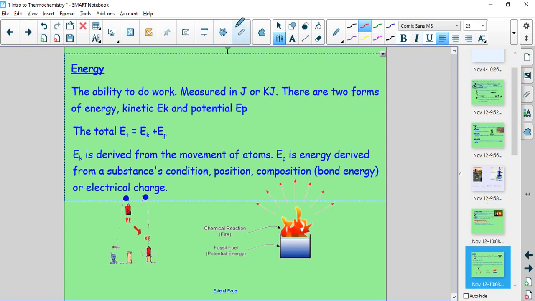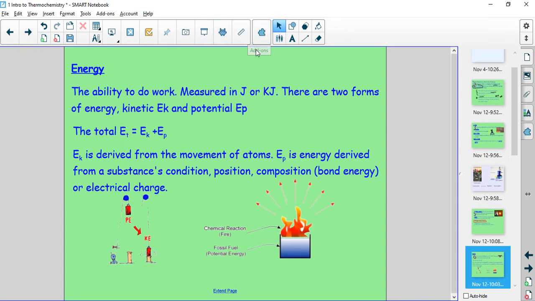Okay, so here's a bit of a discussion on a bit of physics. You know how much you like that. To calculate the total energy of a system, it involves two parts. It involves potential energy. Now, in physics, that just means changing perhaps a condition or the position of an object. So we have a potential energy of this weight attached to this pulley system. In a chemical, the potential energy is held within bonds.